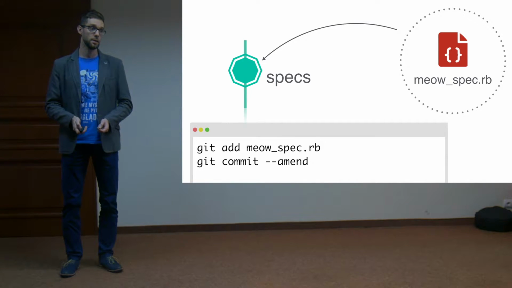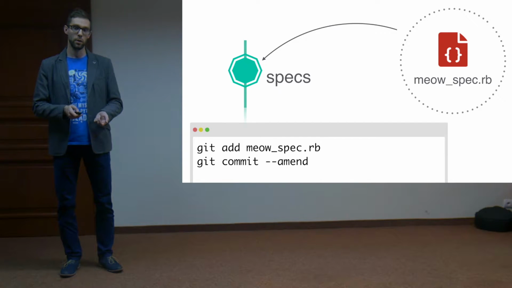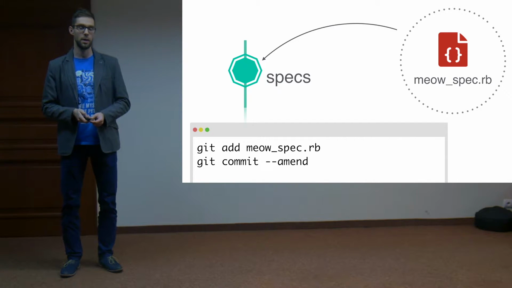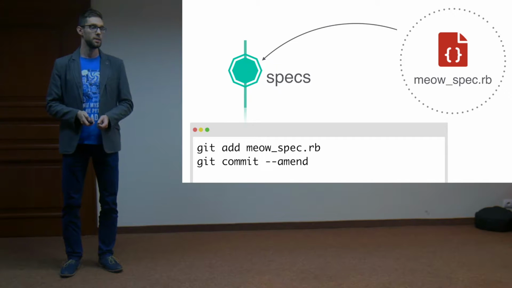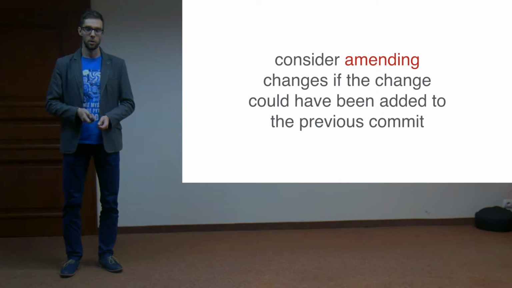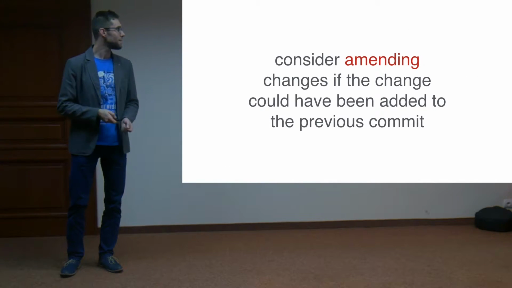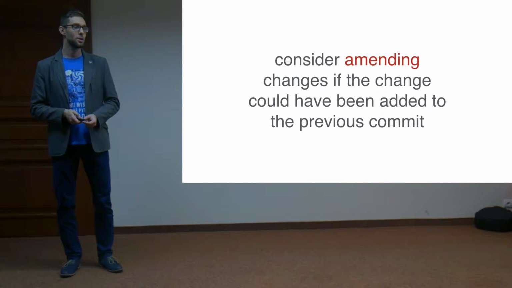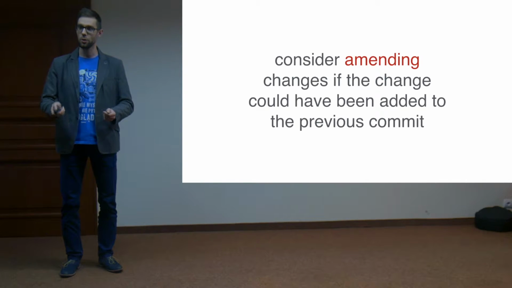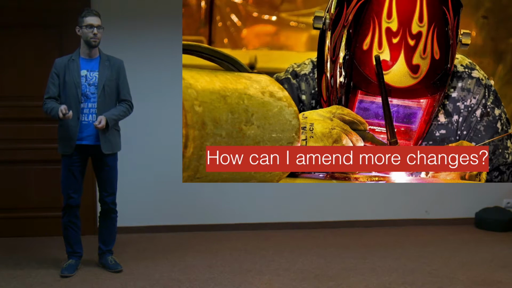It looks like this. So the typos that we found are now in the very same commit. So always consider amending changes if the change could have been merged with the previous one.